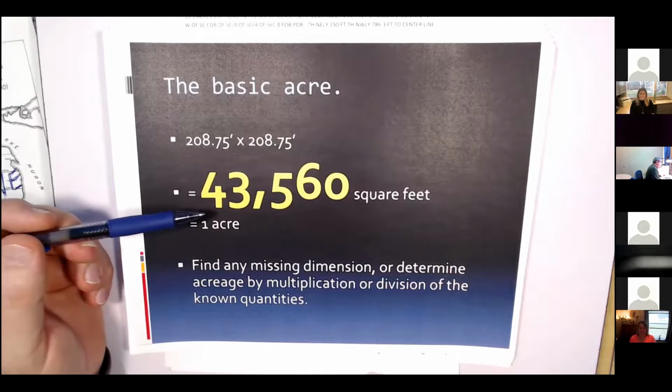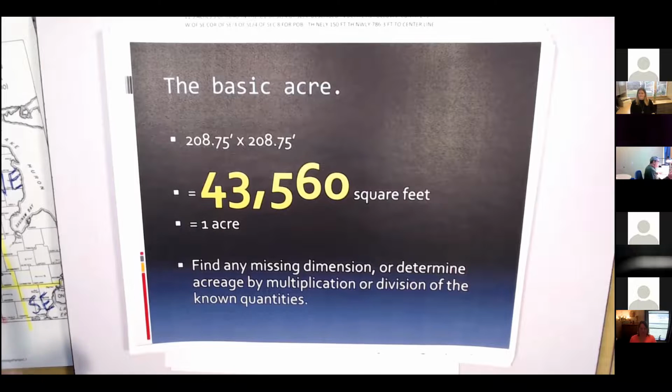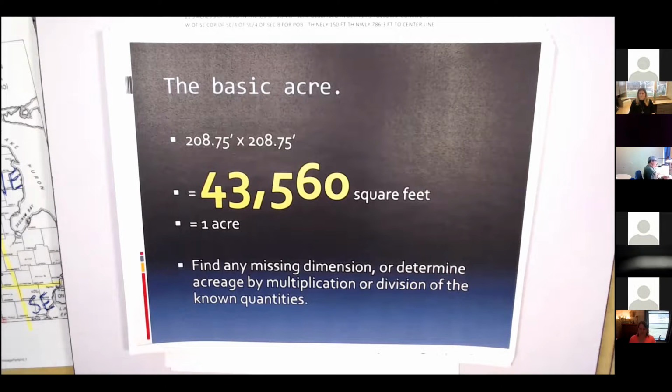An acre of land, regardless of its boundaries or its shape or any other factor, is always going to be 43,560 square feet. If you know that number, which is your unit of measure, then your other factors are the lengths of your boundaries.